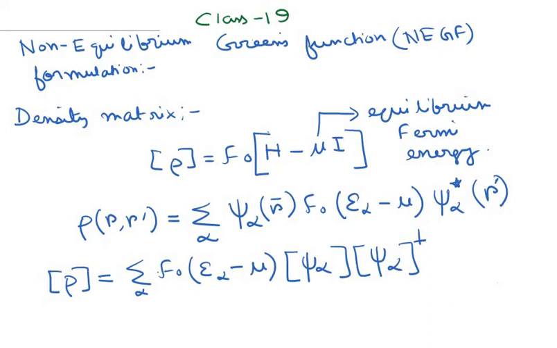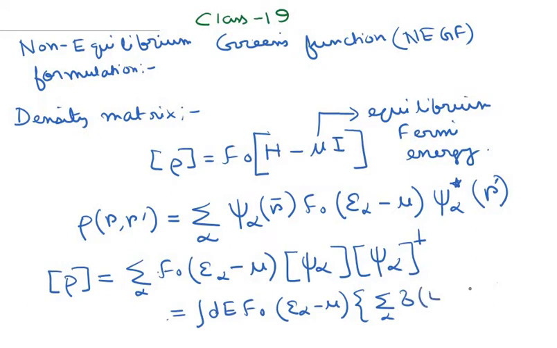This again we can write in another format, in an integral format, which is the integral over dE of f0(epsilon alpha minus mu), then the summation over alpha of delta(E minus epsilon alpha).